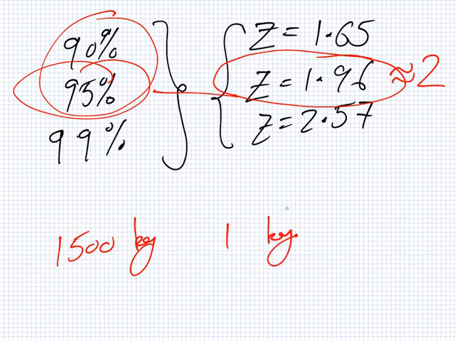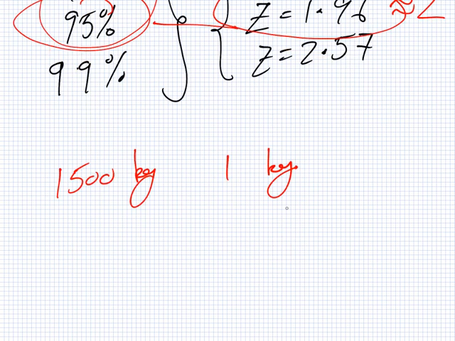So here's the trick that you can do in your head. What you can do mentally is add twice the standard deviation onto this, and what would you get? 1502, and then minus twice the standard deviation? 1498.